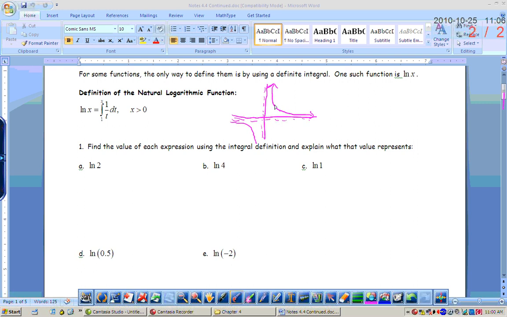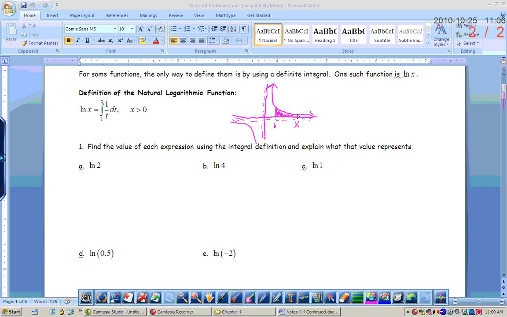So we're only going to talk about the part in the first quadrant, where x is greater than 0. So if I want to find the integral of 1 over t dt from 1 to x, then I'm finding the area between 1 over t dt from 1 to whatever x value I'm looking for.